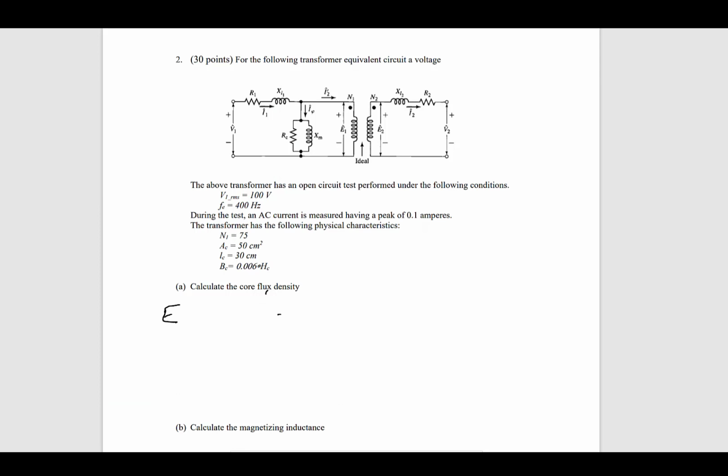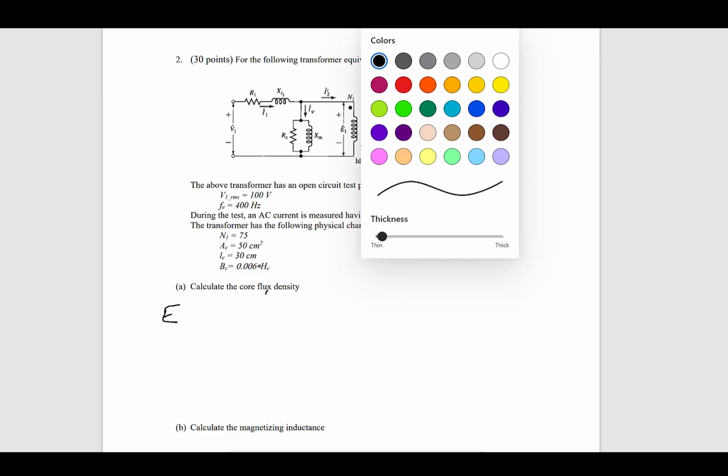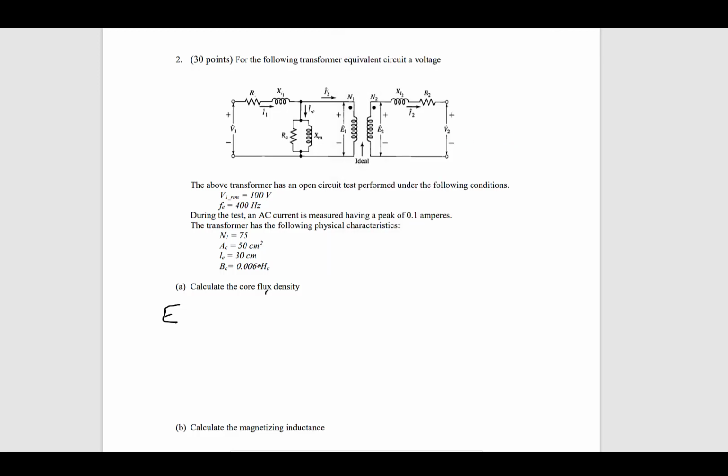This is the most important equation of this whole class. E, now it might have a different subscript depending on which machine, which type of equipment we're talking about. So I'm just going to say E. It corresponds to E1 if it's seen from the primary side, or E2 on the secondary.